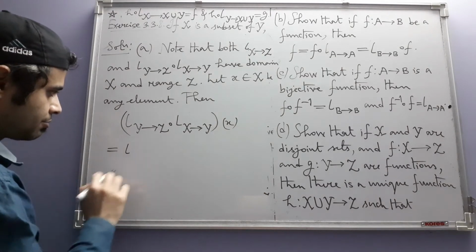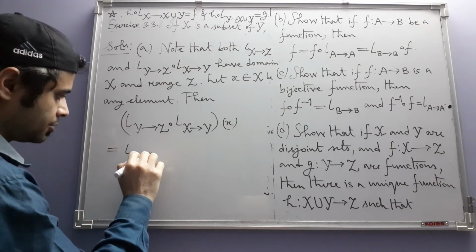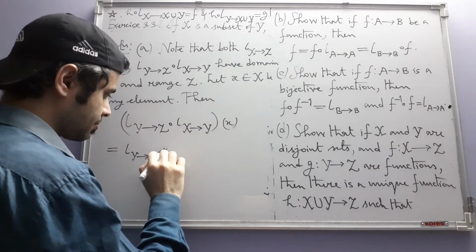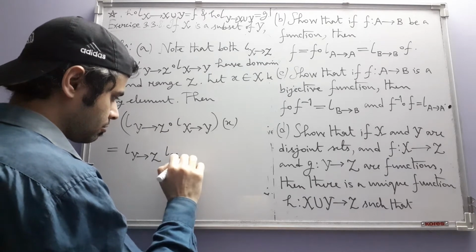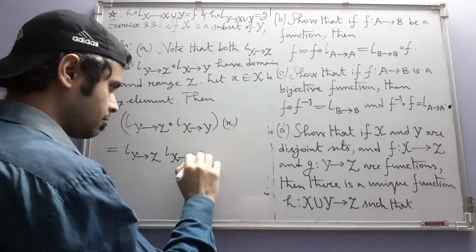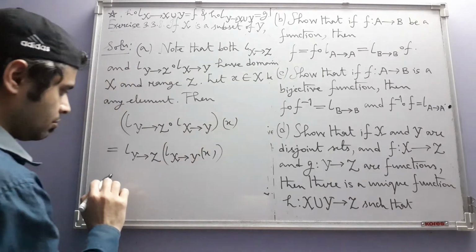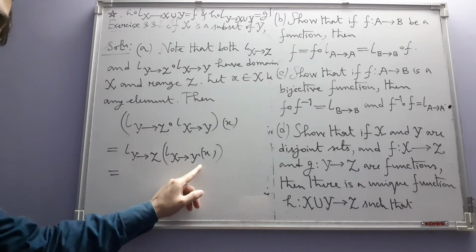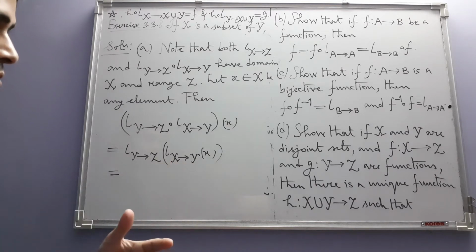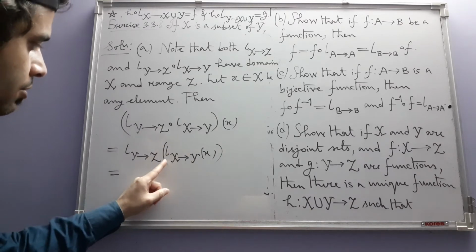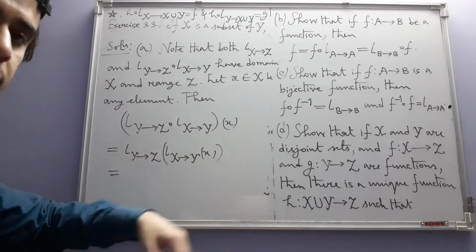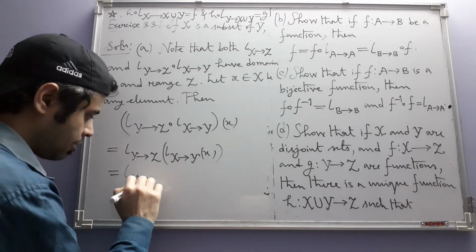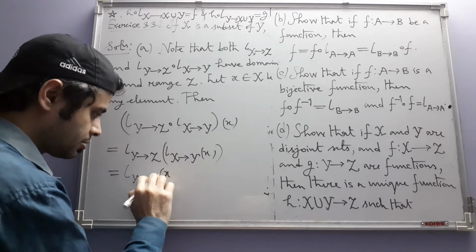So by definition of composition, this is equal to the inclusion map from X into Y includes X inside Y. So anyway, this maps x into itself. So the output is nothing but x.